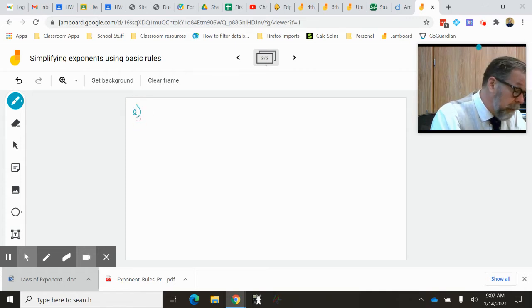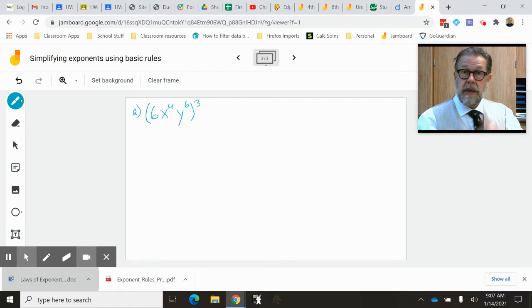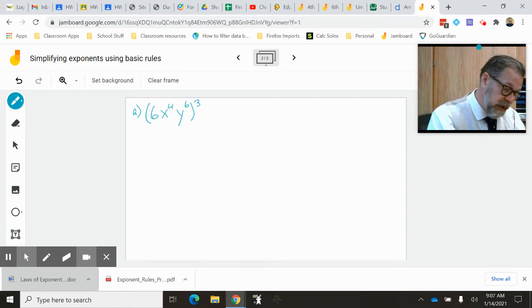The first example will be 6x to the fourth y to the sixth, cubed. Well, this is get rid of parentheses by having cubed on each of the things. And by the way, a mistake I see a lot, don't forget it's 6 cubed. And then I'm going to multiply x to the 4 times 3 and y to the 6 times 3.